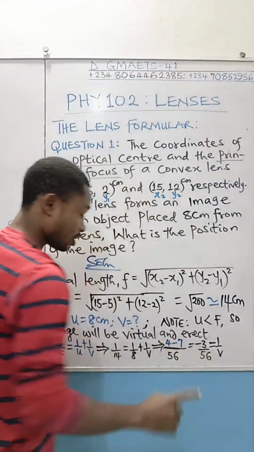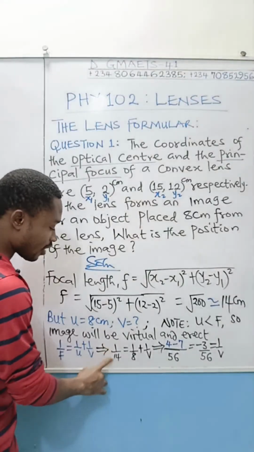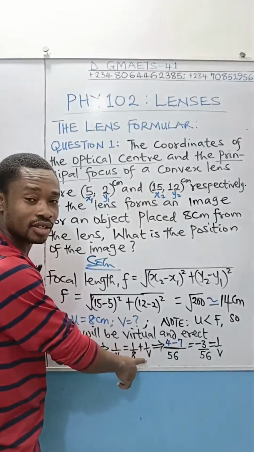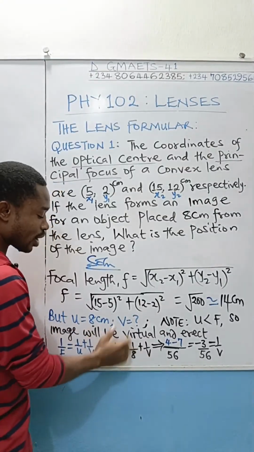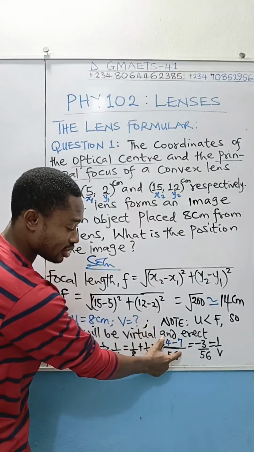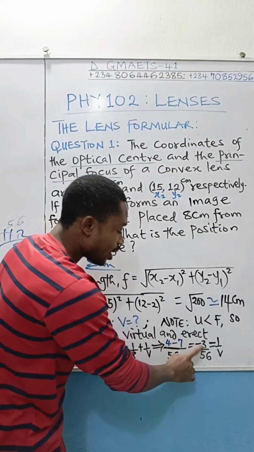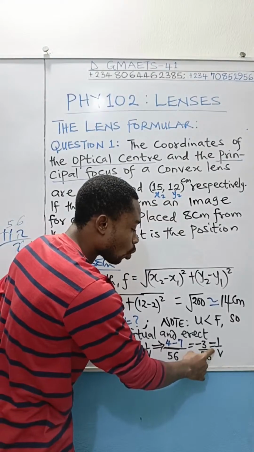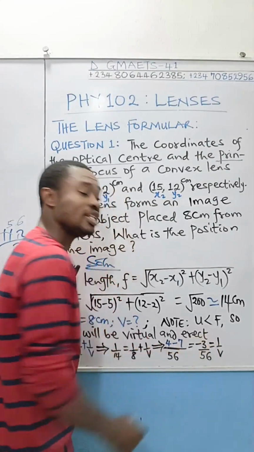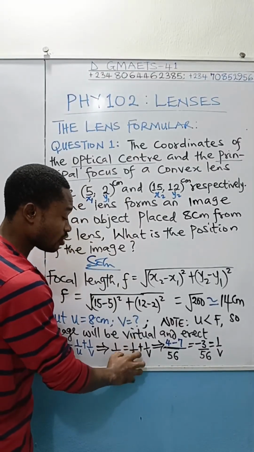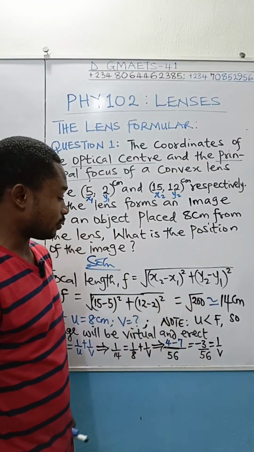So, sorry for that error here. Please watch once again. 1 over 14 minus 1 over 8 will be equal to 1 over v. So if you solve that LCM part, you will get this. If you simplify this, you will get this. So make this minus 3 over 56 equal to 1 over v. Because that's what 1 over 14 minus 1 over 8 is equal to 1 over v.